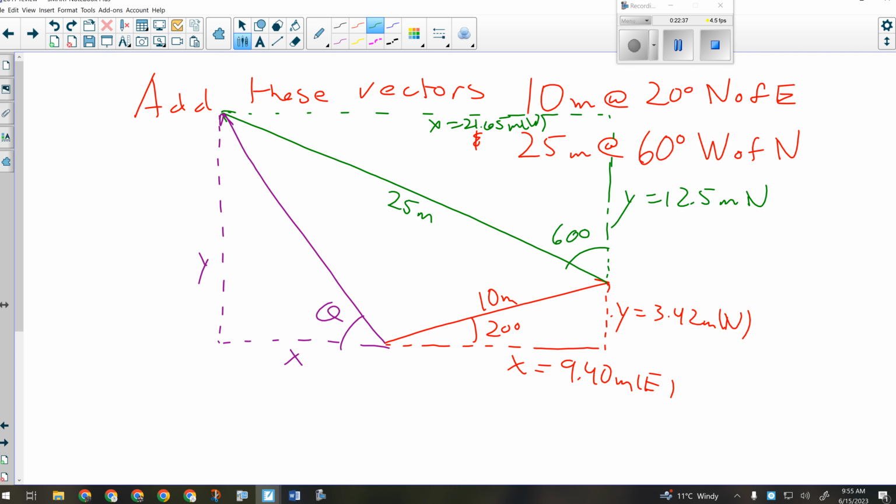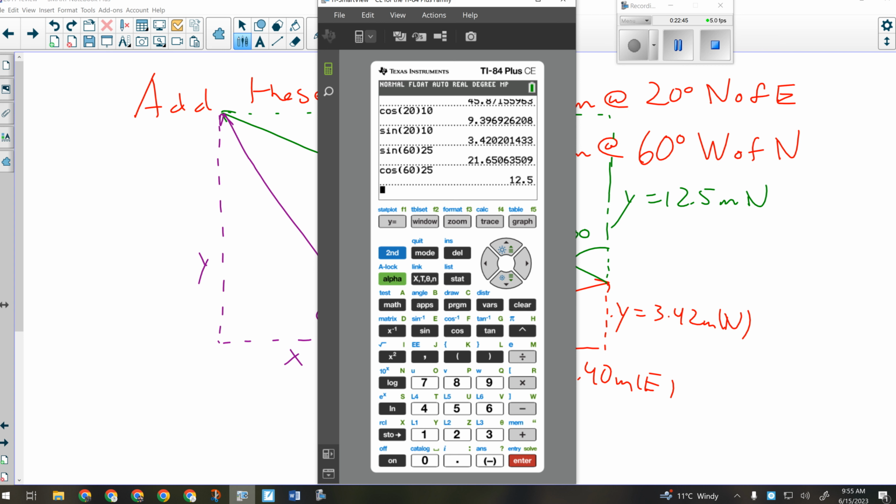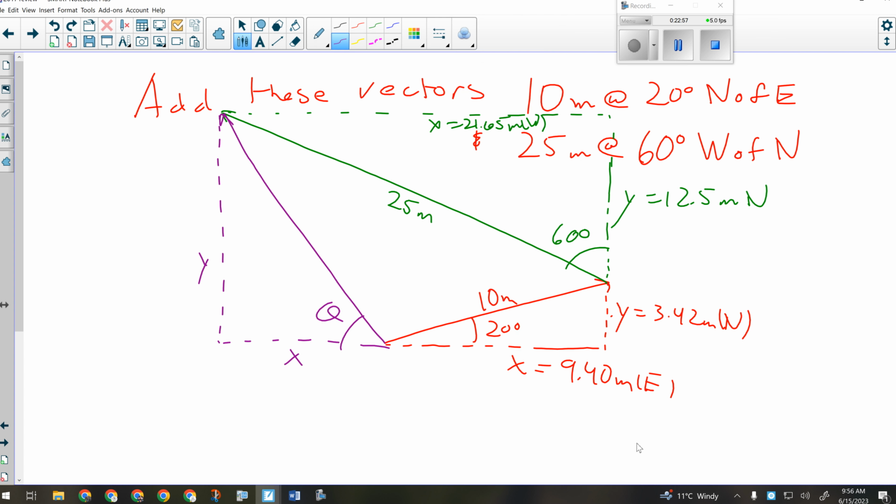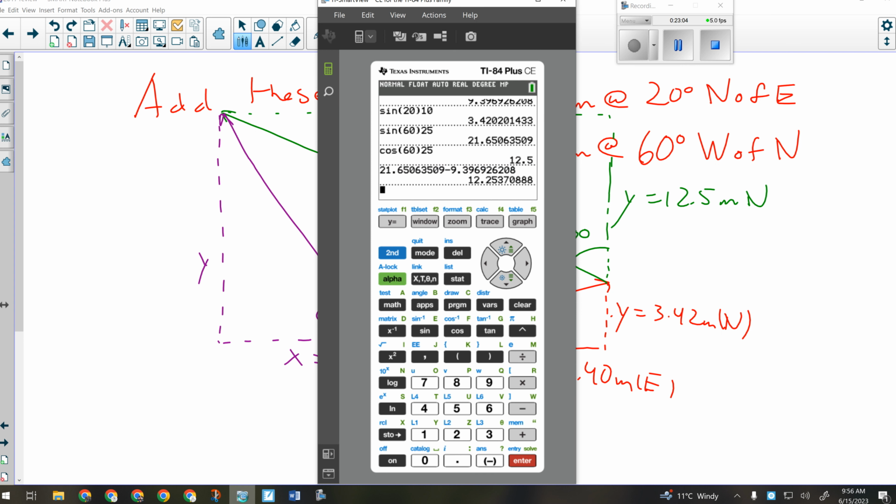Then we get our purple x and purple y by adding our x's and y's together. We're going to have 21.65 minus our 9.4, because they're opposite, so we're getting 12.25 for this x. The two norths get added together, right?